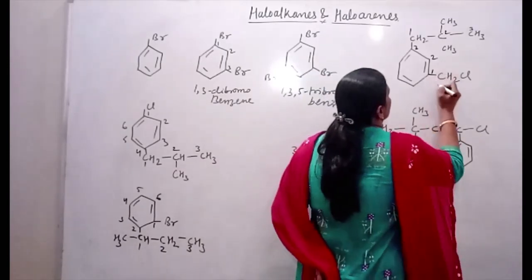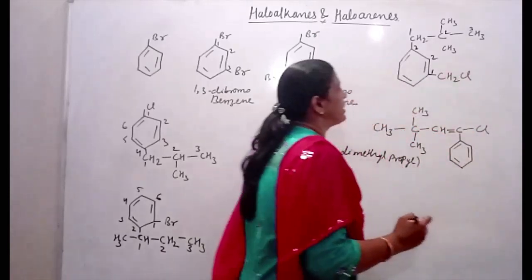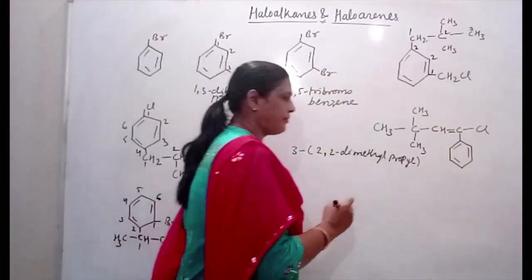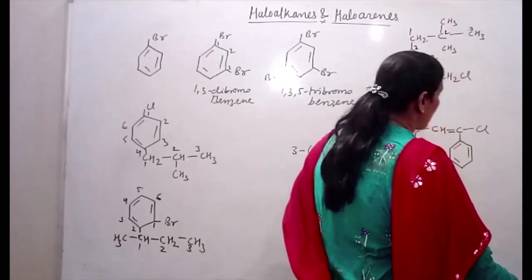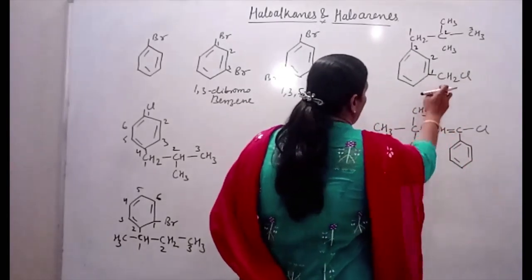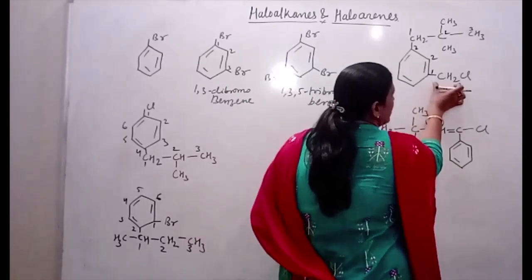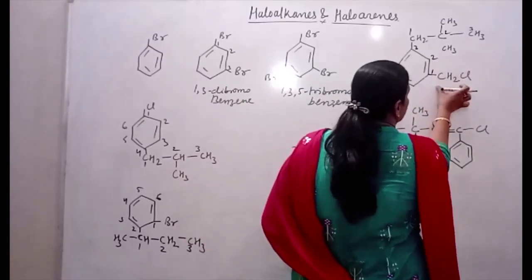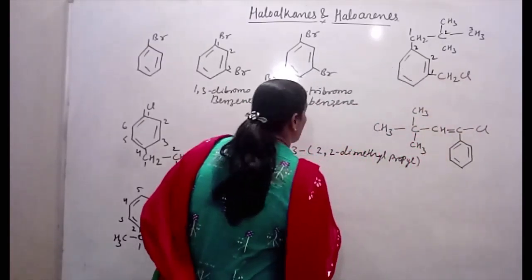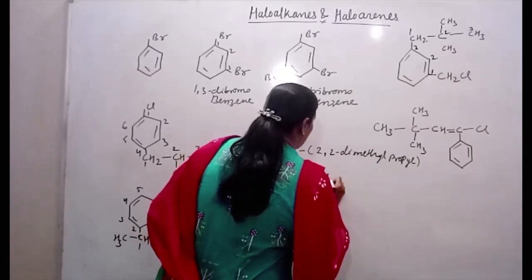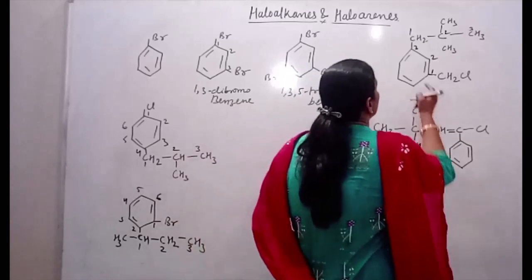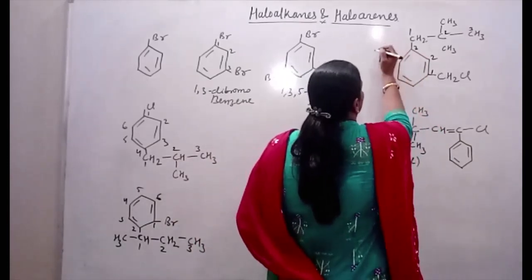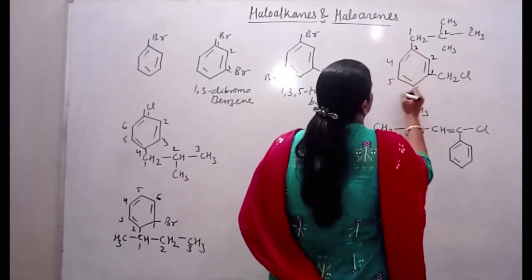This group name is methyl. This group name is chloromethyl, because this is a derivative of methyl group. So its name is chloromethyl. Now numbers 3, 4, 5, 6.